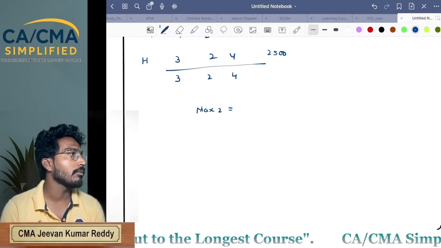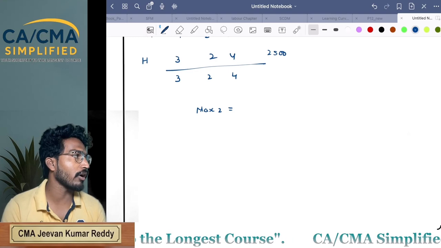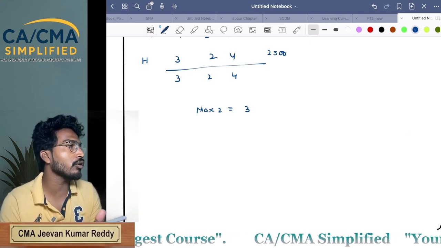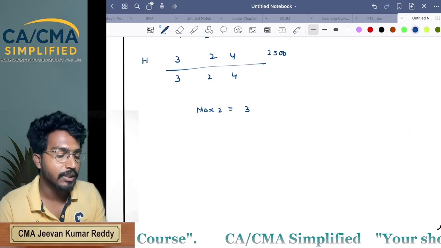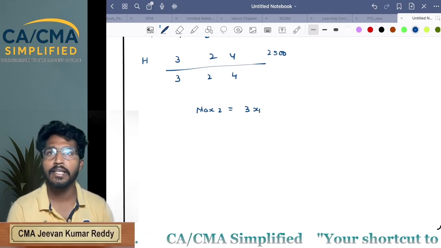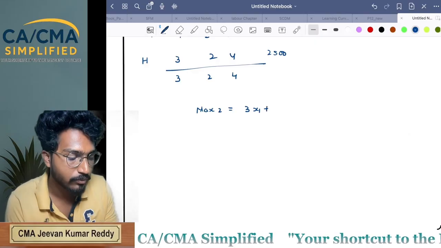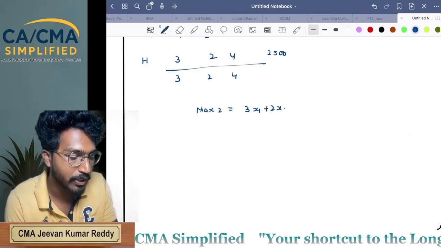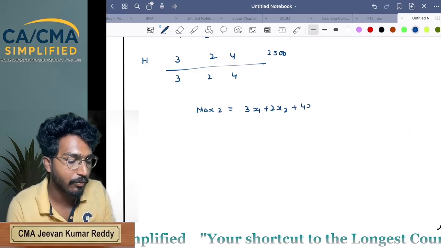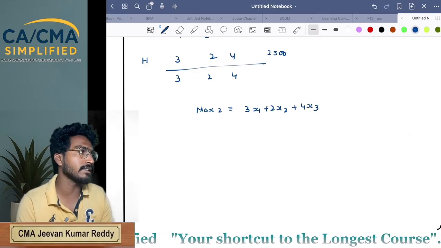A profit plus B profit plus C profit. Per unit it is 3 rupees and we don't know the number of units, so let the number of units of A be x1, so 3x1, plus 2x2, where the number of units of B is x2, plus 4x3, where the number of units of C is x3.